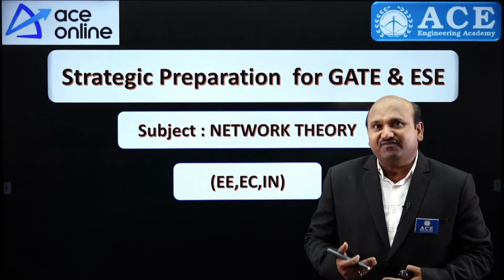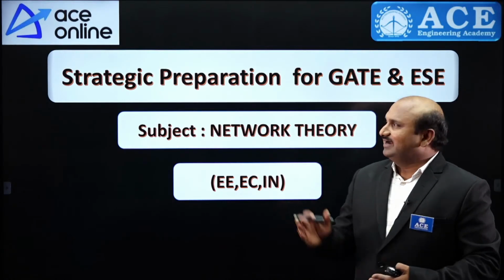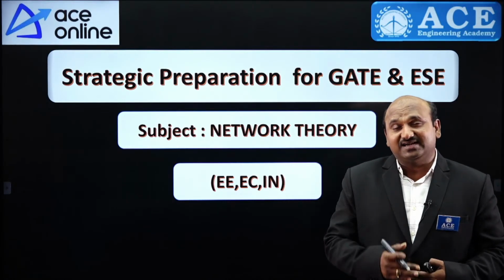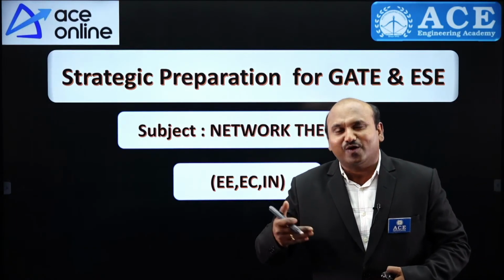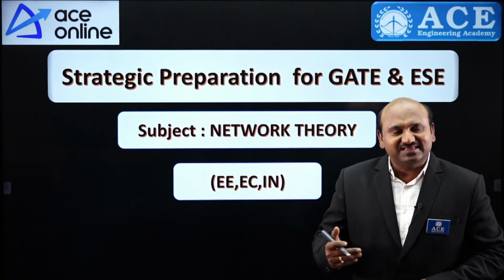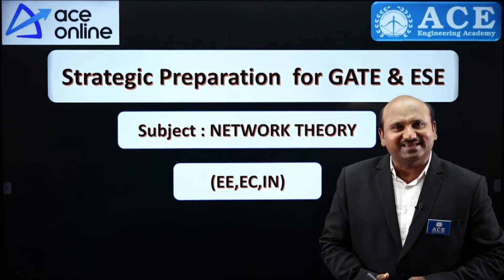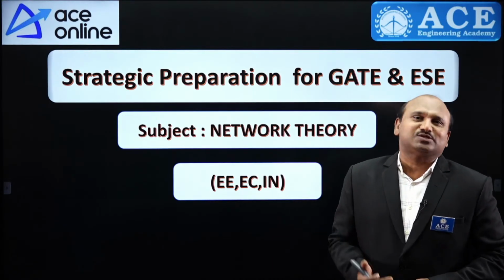But once you have more concepts and more basics under network theory, these basics are very useful for the other common as well as core subjects, right? That's why network theory is a prerequisite for common as well as core subjects.